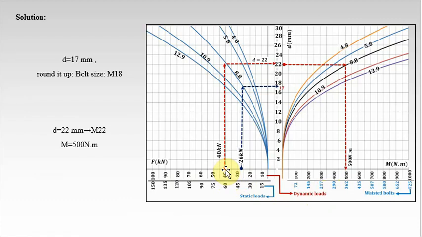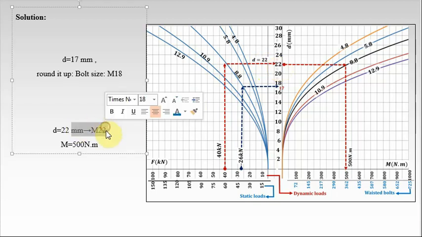We select 40 kilonewtons and go up to intersect the curve of 8.8 because our bolt is 8.8. Then we go to the right to find the bolt size. Our bolt size is 22.